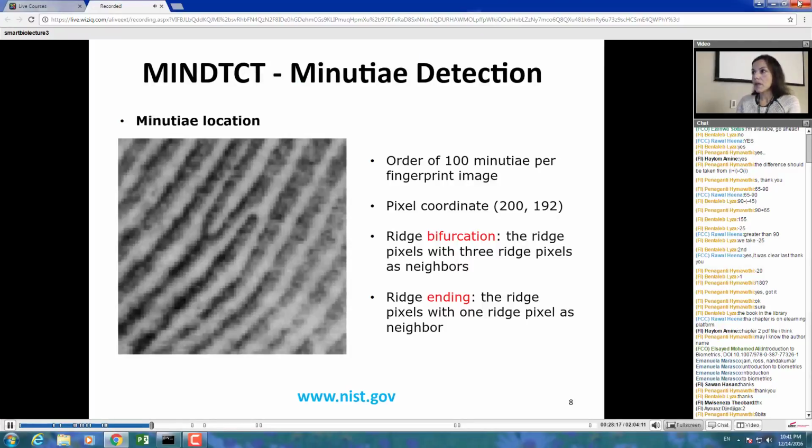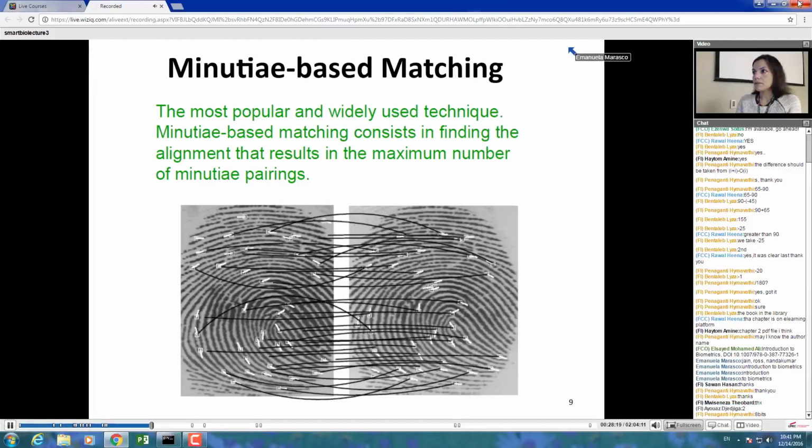This is the detection, and then we start to consider the matching process more in detail. So we have a process based on minutia. When we compare two fingerprints, we always talk about a pairwise process. We need two fingerprints, and then we extract minutia from them, and then we have minutia-based matching, which consists in finding the alignment that results in the maximum number of minutia pairs.